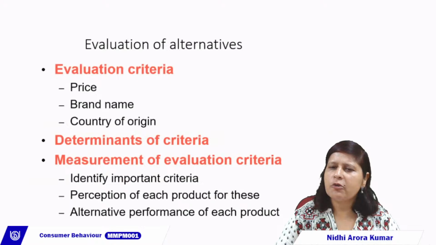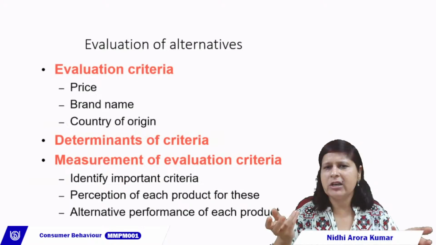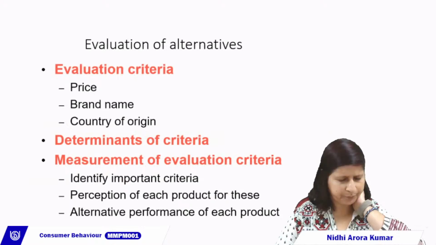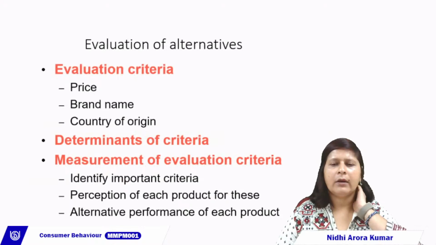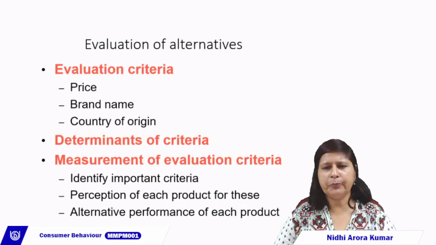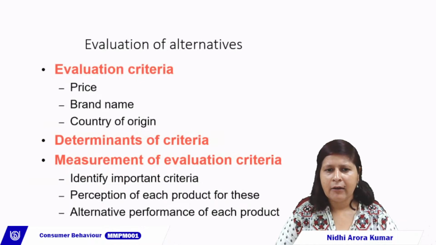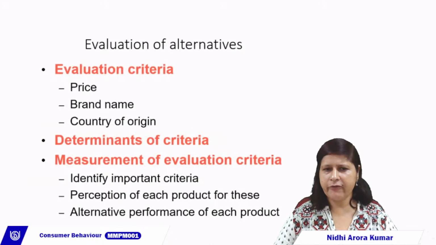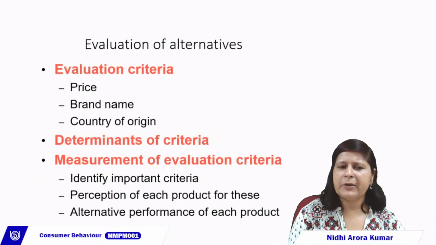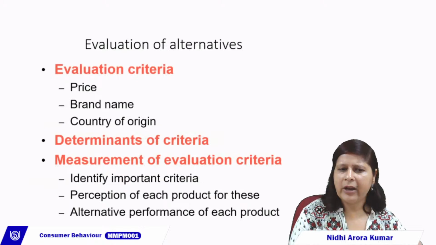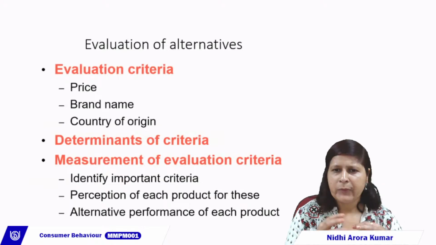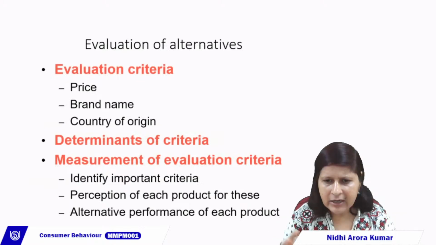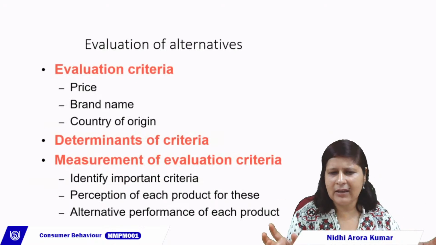In evaluation, there could be various evaluation criteria on the basis of which we can evaluate our decision. It could be on the basis of price, right? It could be on the basis of brand or the country of origin, right? Suppose I want to purchase a product, and I have recognized my problem and started gathering information. Suppose I want to purchase an AC.